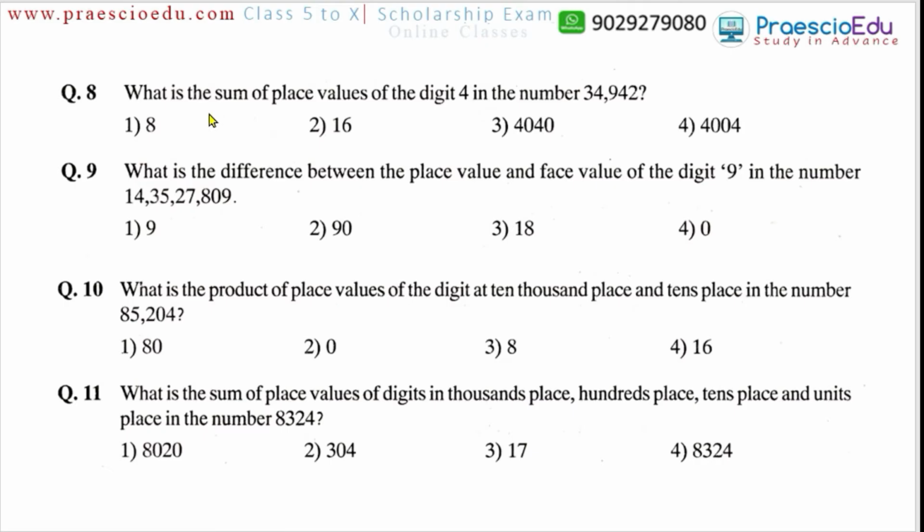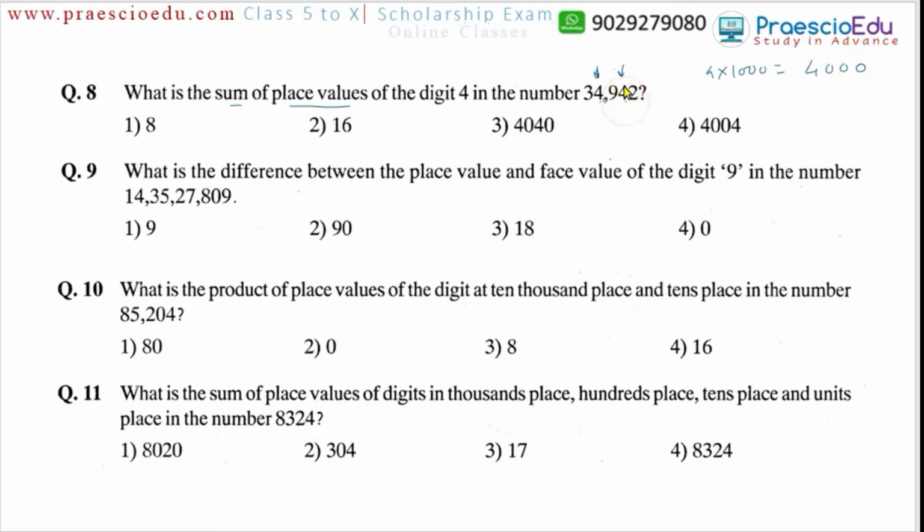Now question number 8: what is the sum of place values of digit 4 in a number? Digit 4 is here and here. We have to add the place values of these 4s. Here 4 is the face value and the position is thousands, so 4 multiplied by 1,000, and the place value is 4,000.